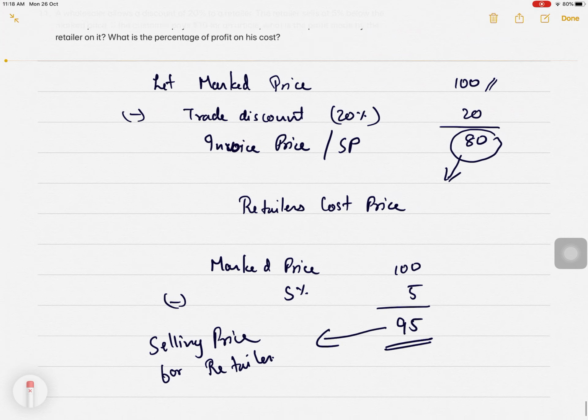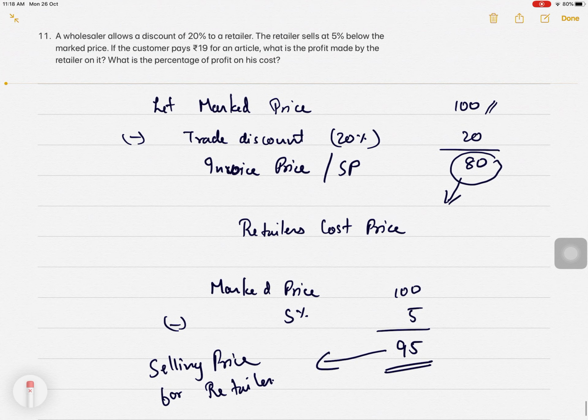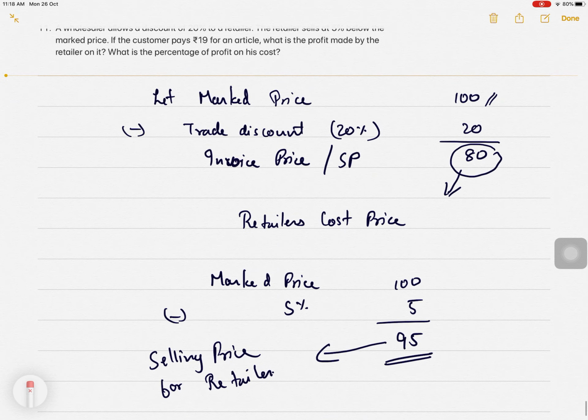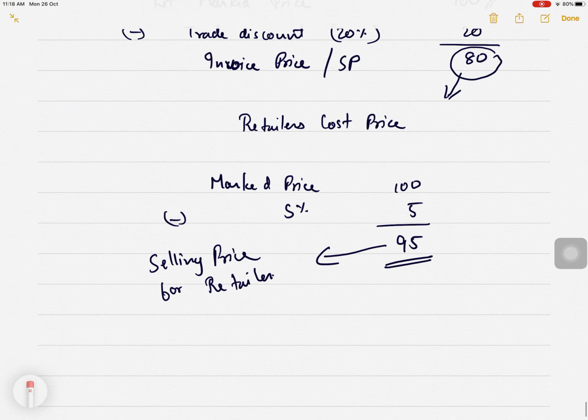Now, if the customer pays 95 rupees for an article, that means the selling price for the retailer is 95. Correct? That's why it is 95.